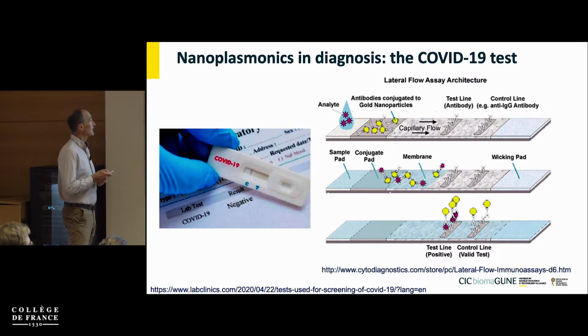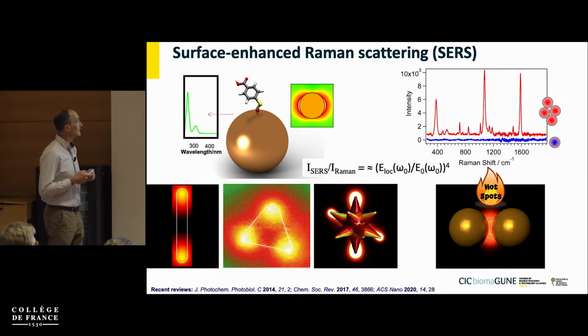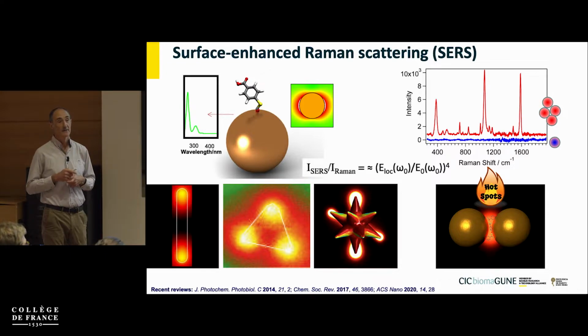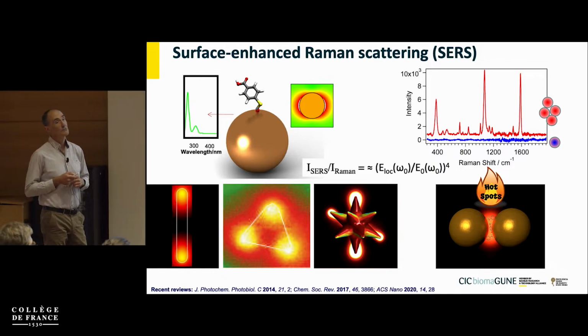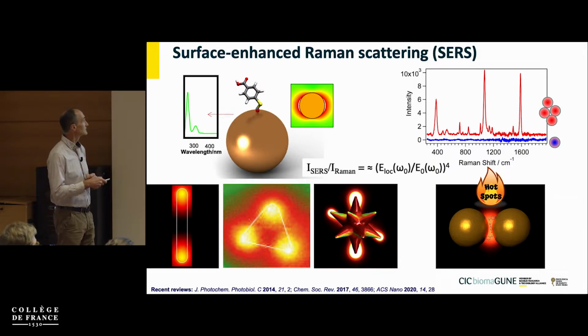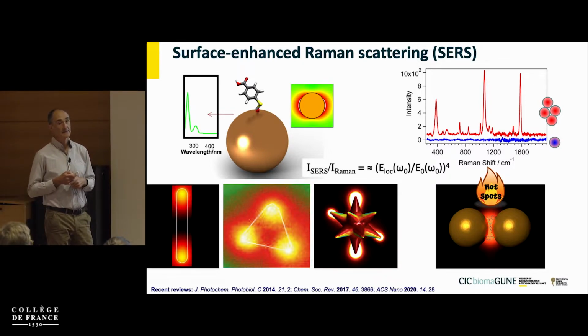On the other hand, I also told you about Raman spectroscopy and surface-enhanced Raman, and how by designing either the morphology of the plasmonic nanoparticles or their organization, we were able to induce the enhancement of electric fields next to the nanoparticle surface, so that the Raman signal of molecules attaching to them would be enhanced many orders of magnitude, making this initially per se selective spectroscopy tool also very highly sensitive.